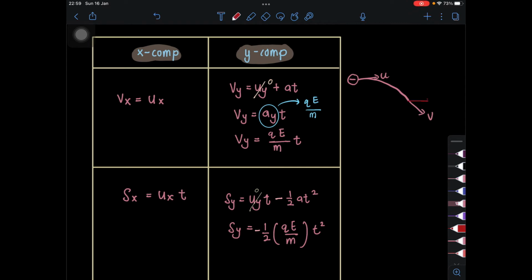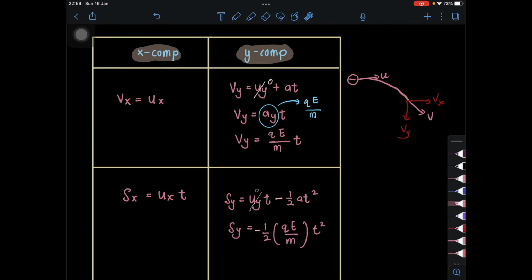So meaning that we need to resolve into x component and y component. So there is a vector v here. When we resolve to x and y components, we have all of this formula. For the x component, vx will be equal to ux.